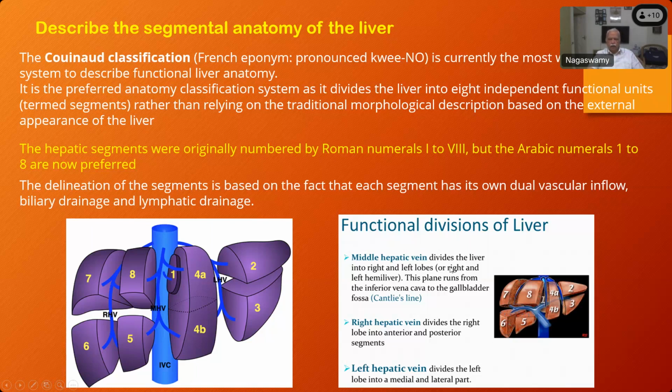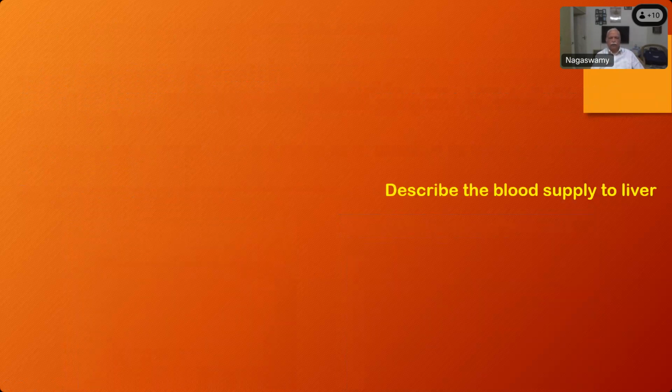So based on the hepatic venous arrangement, the Couinaud segments are there, which is mainly for resection of a functional unit of the liver. So this knowledge is important whenever you think of transplant anesthesia for liver transplantation.